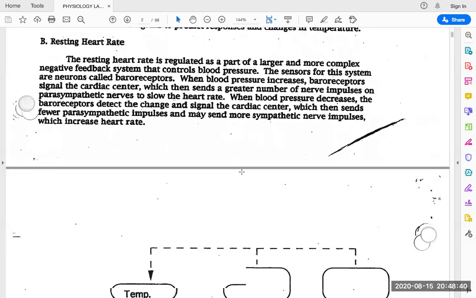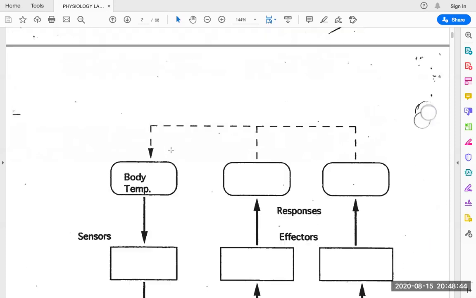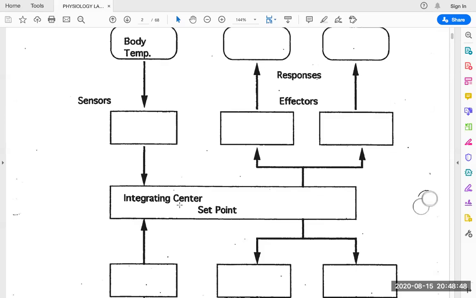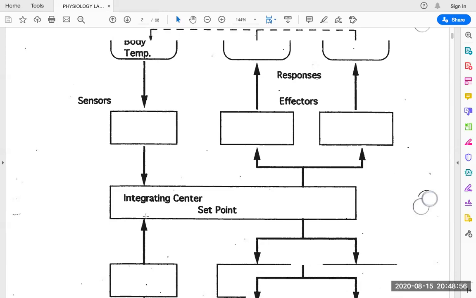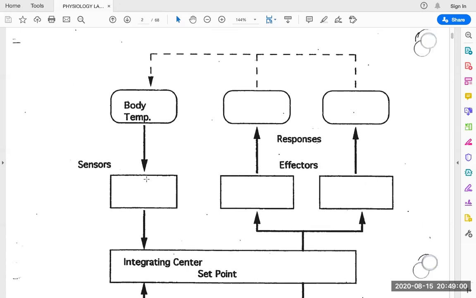You'll also talk about resting heart rate. So the first procedure, you'll want to fill out this flow chart, and you don't necessarily have to send this in to me. You can draw it out and send in a picture if you'd like. But in this flow chart in body temperature, we'll go through it together right now.